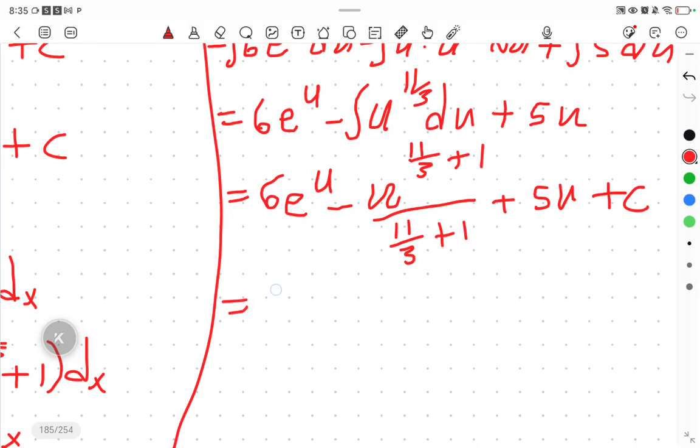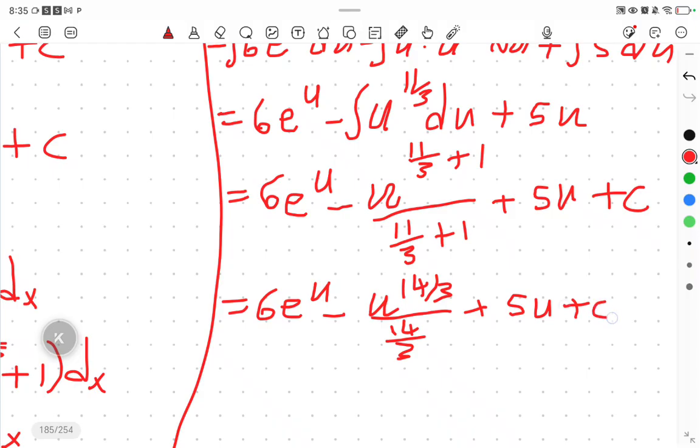And then this will be 6e to the u minus u to the, so 3 plus 11 is 14 over 3 over 14 over 3 plus 5u plus c.